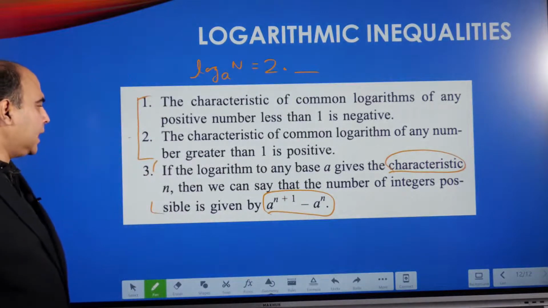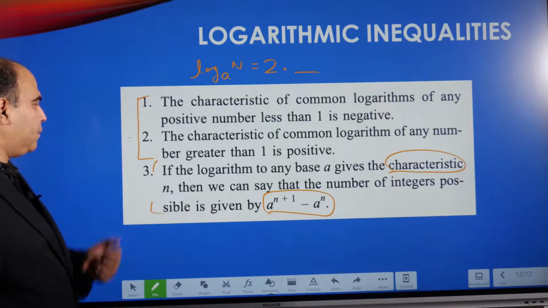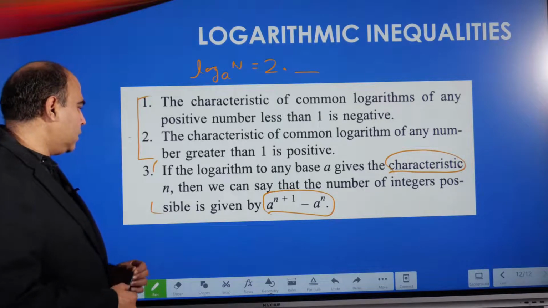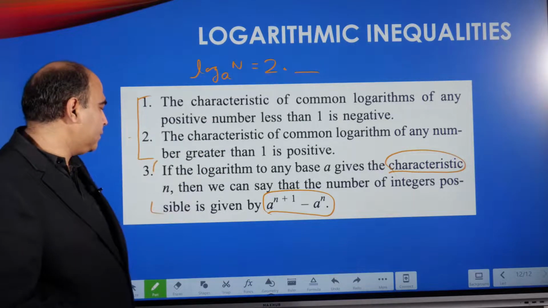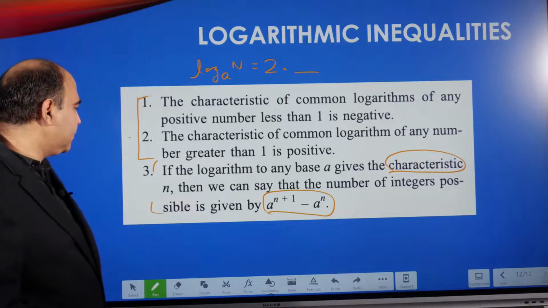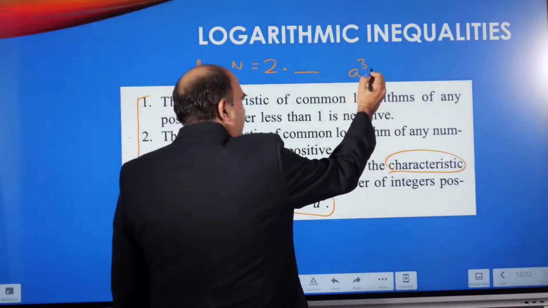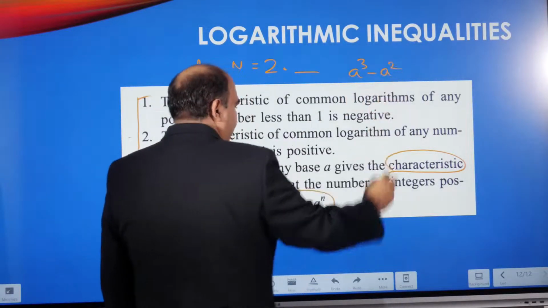So how many values can n give you? That answer is basically a raised to 3 minus a raised to 2.